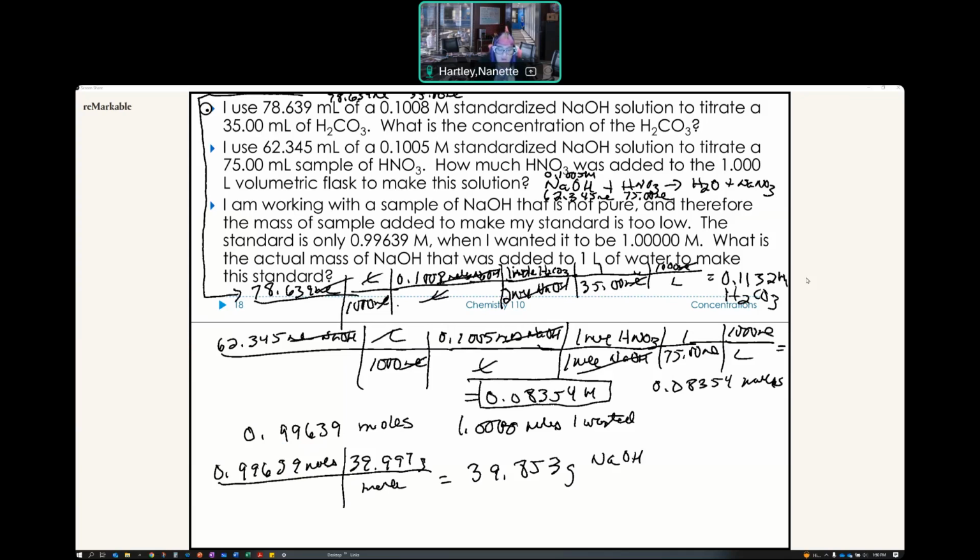Probably tried to add 39.997 grams, but this is how much NaOH was actually in it, okay, to make this actually happen, okay? Now, if I wanted to talk about percent error and things like that, I need to make sure that that was the actual mass that I actually added. But this is how much NaOH was actually added to make this solution.